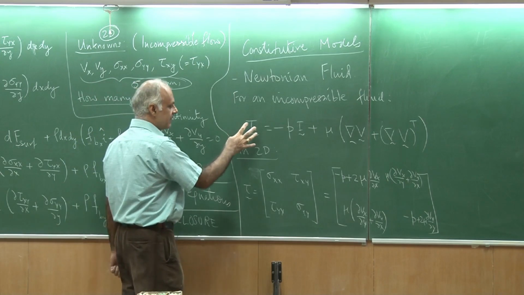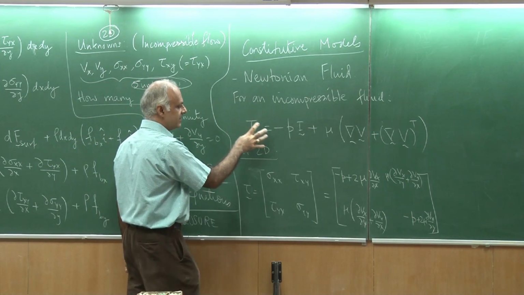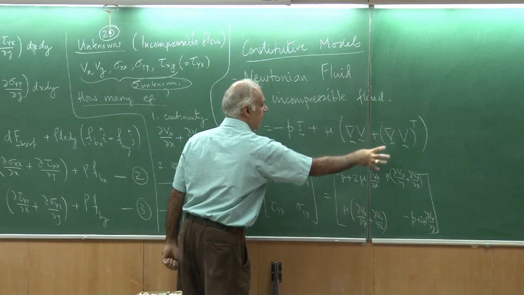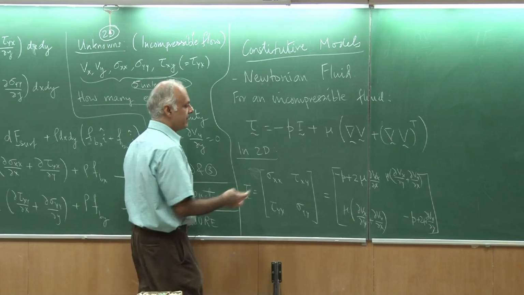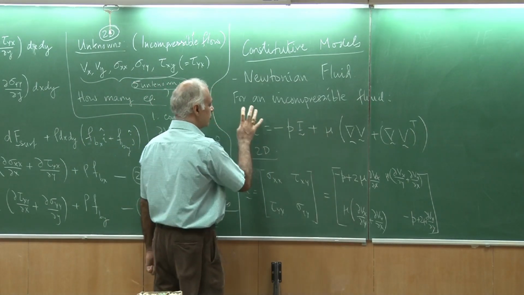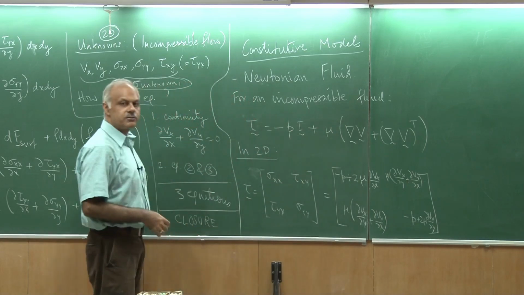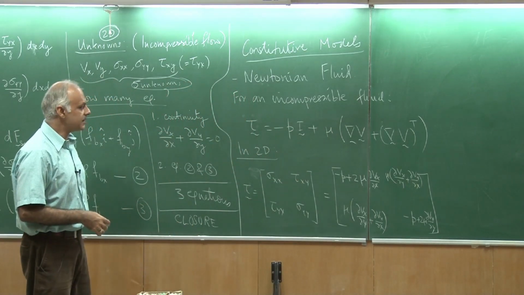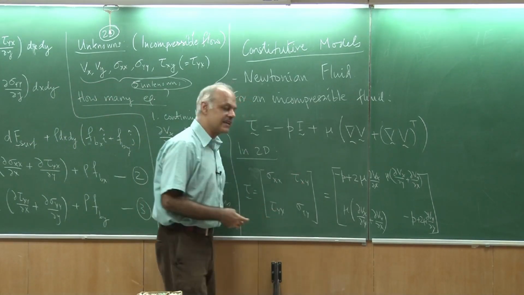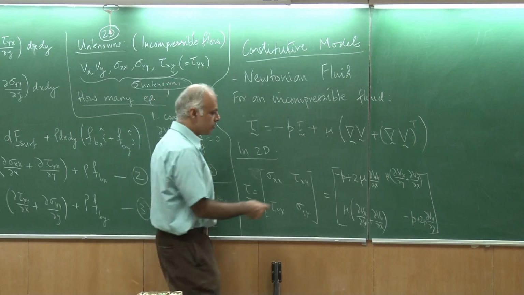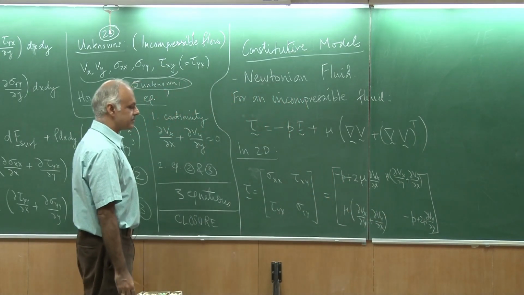So, we are saying that for a Newtonian fluid, the stress is related to the symmetric part of the velocity gradient, which is the strain rate, times a coefficient of viscosity. So, stress is proportional to strain rate, and of course, a contribution from the hydrostatic pressure p, which acts only in a direction normal to a surface. So, you would see it coming only in the diagonal terms.